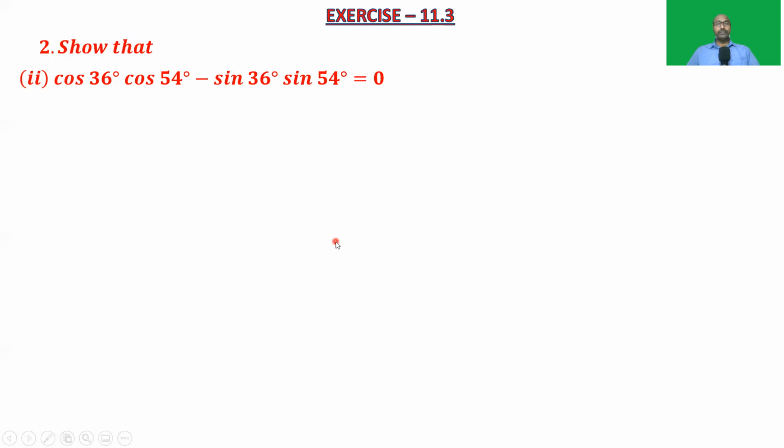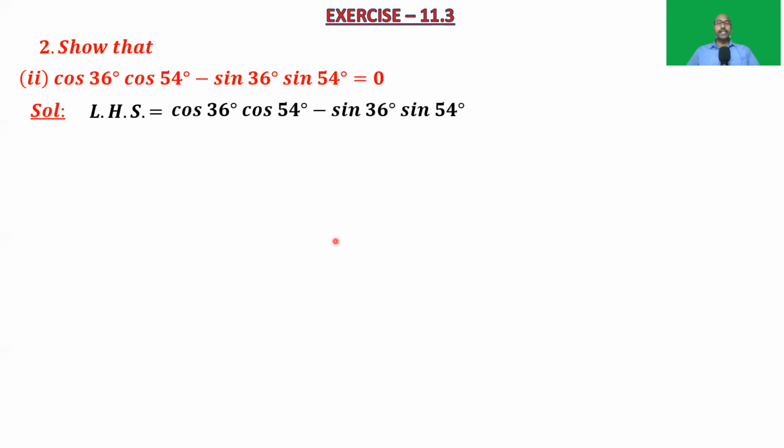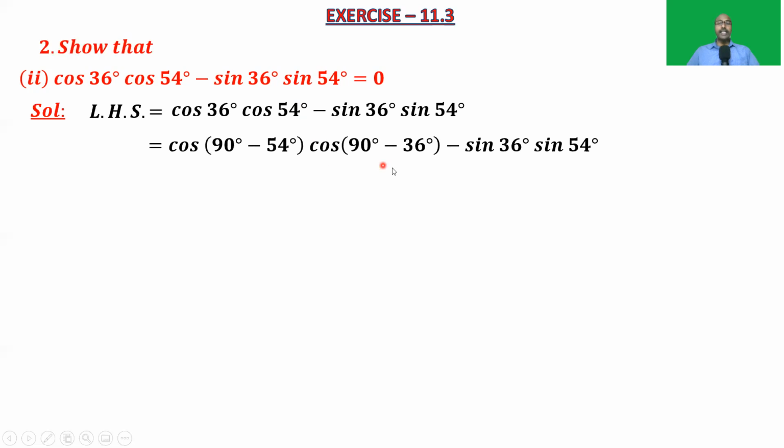Now, here also take LHS. Cos 36 degrees cos 54 degrees minus sine 36 degrees sine 54 degrees. Change these two values into their complementary angles. That is cos of 90 minus 54 and cos of 90 minus 36.